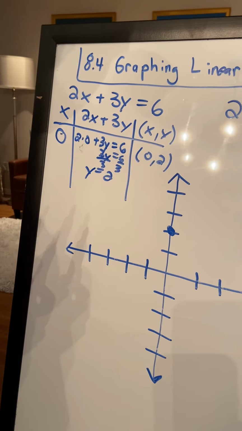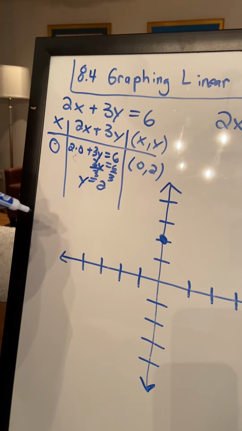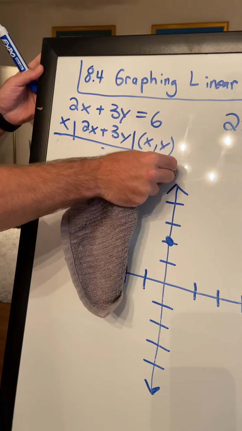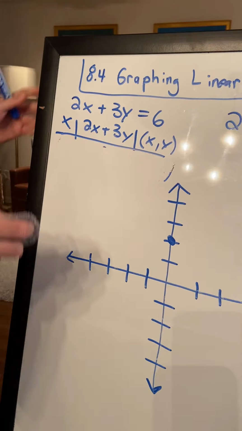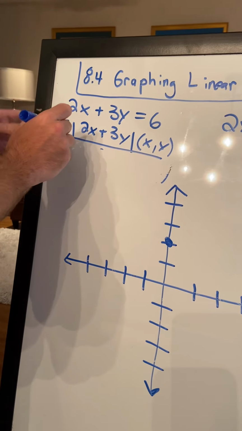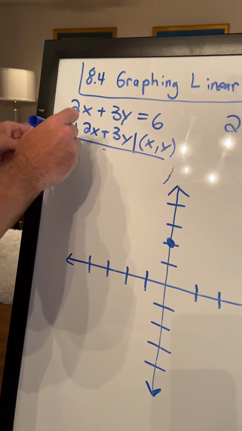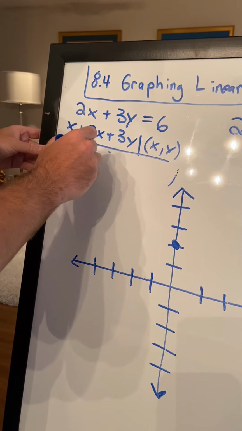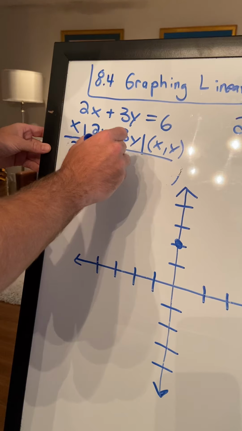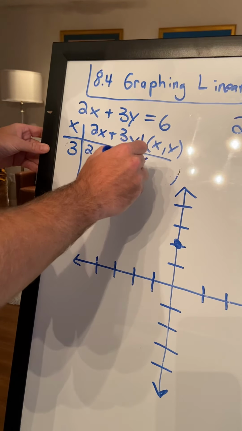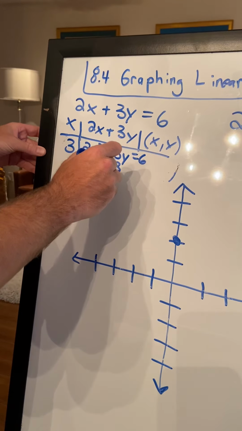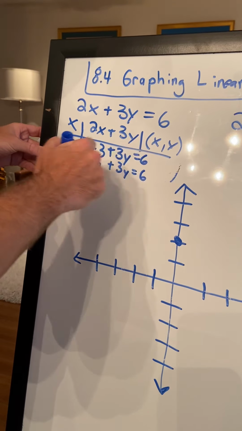I'm asking you to find 2 more. So let's go ahead and pick another value to plug in. This time, let's go with 3. Okay? So I'm going to do 2 times 3 plus 3y equals 6. 2 times 3 is 6. 6 plus 3y equals 6.